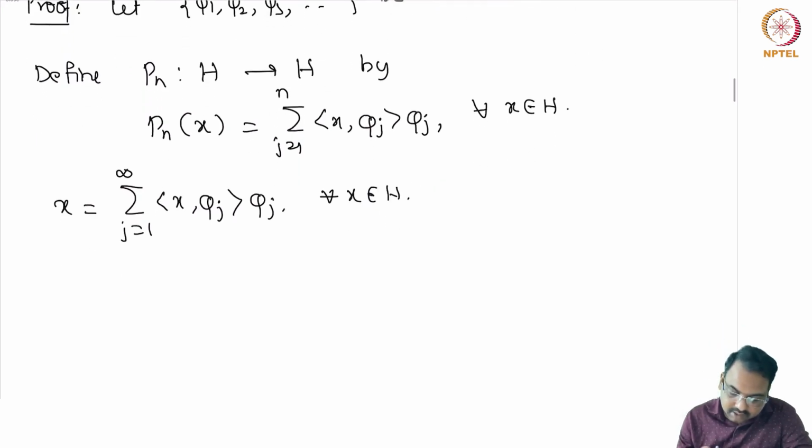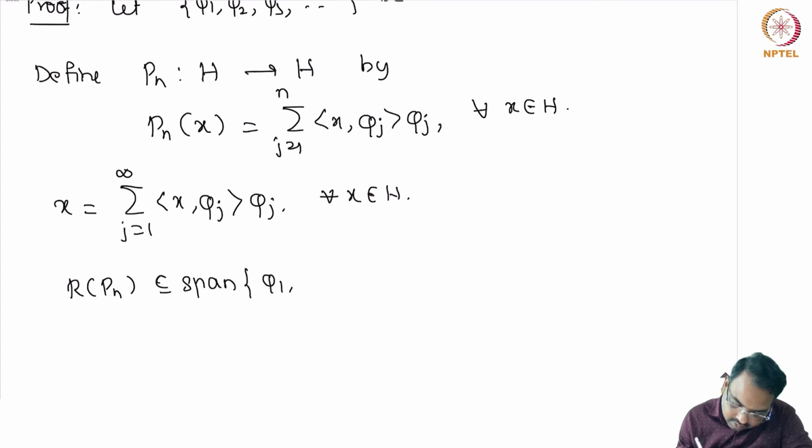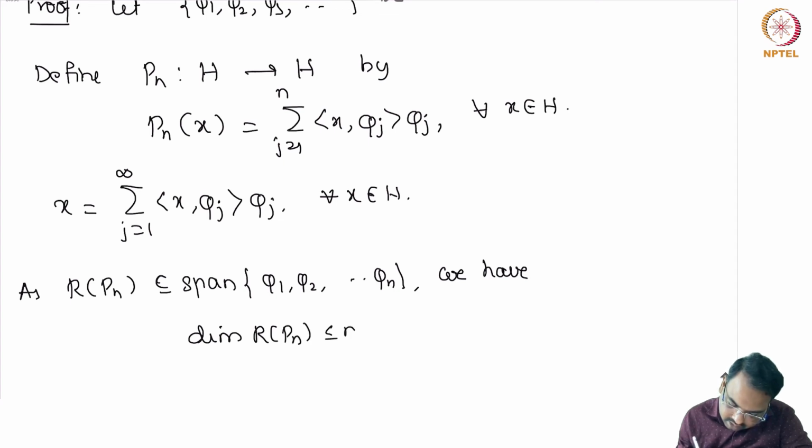Now we can easily show that the range of Pn is contained in span of phi 1, phi 2, up to phi n. So the dimension of the range of Pn is less than or equal to n, which is finite.